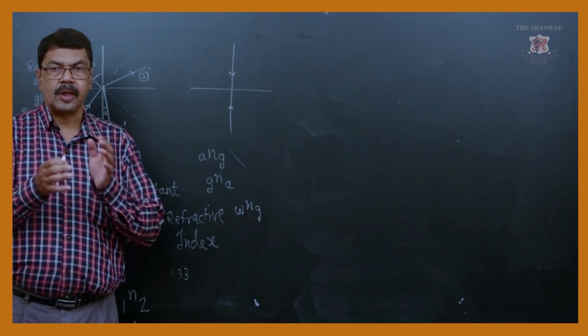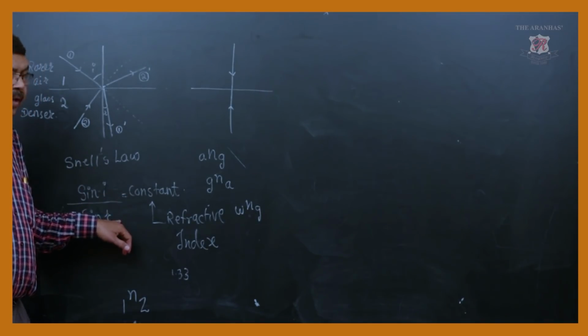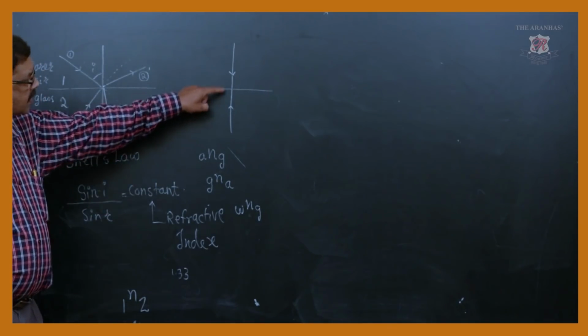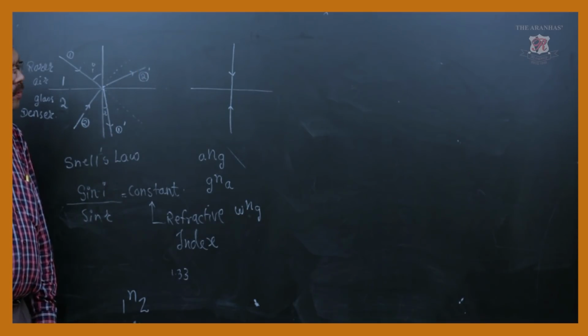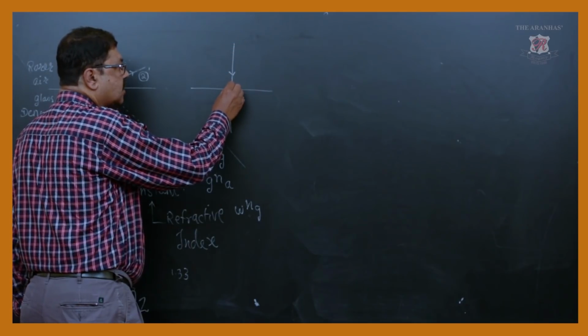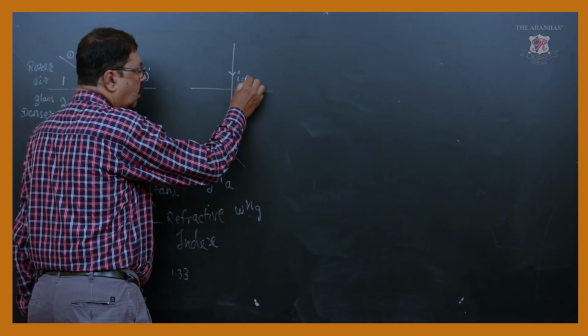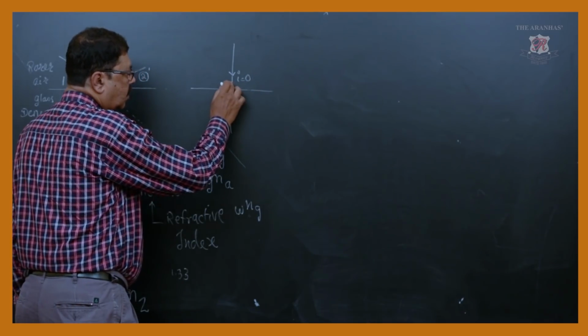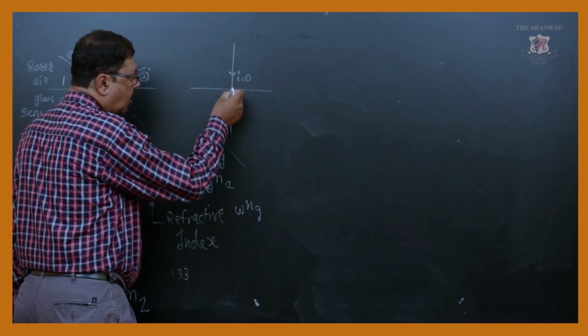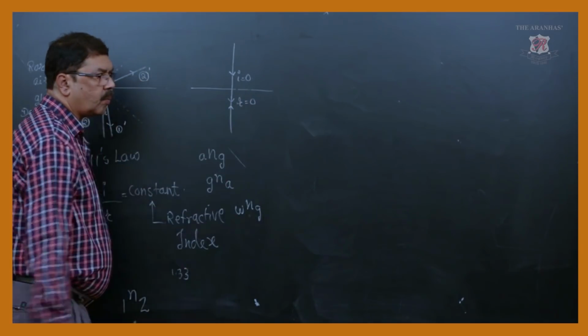Now there is a hitch in this particular law. What does the law say? We know. But now for this incidence, what will you be doing? The incident ray is along the normal, so angle of incidence is 0. The refracted ray travels along the normal, so angle of refraction is also 0.